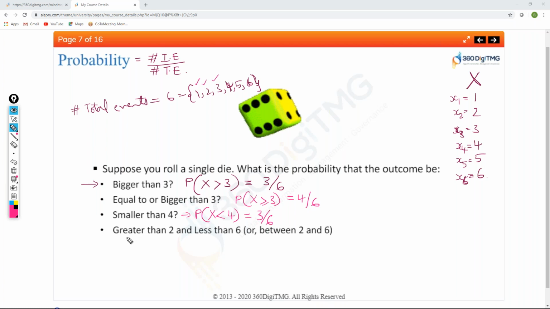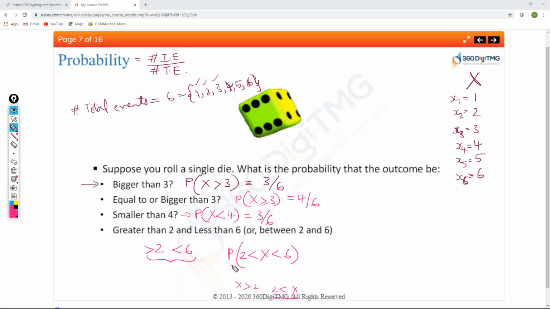Then finally this. What is the probability that the outcome would be greater than 2 and less than 6? I can write this as probability of x greater than 2 and less than 6.